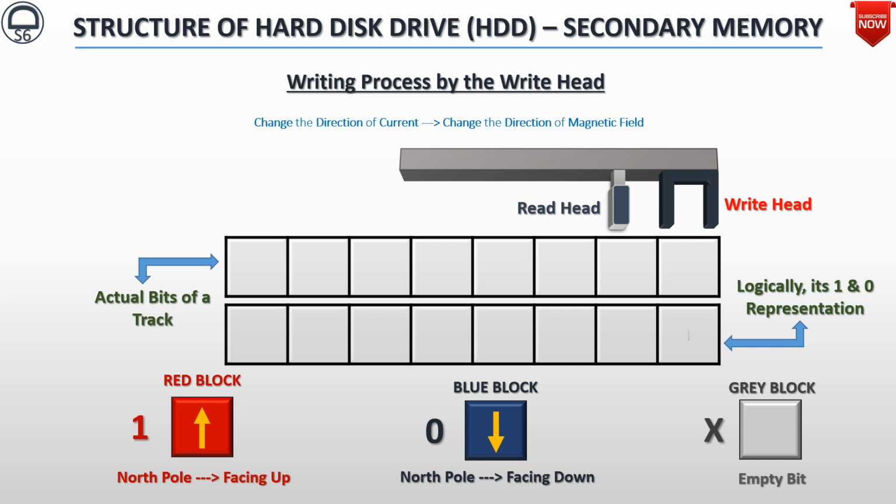Now, let's check the writing process by the write head of the read-write head assembly. Please try to visualize the direction of the magnetic field and the direction of the current against the written ones and zeros.